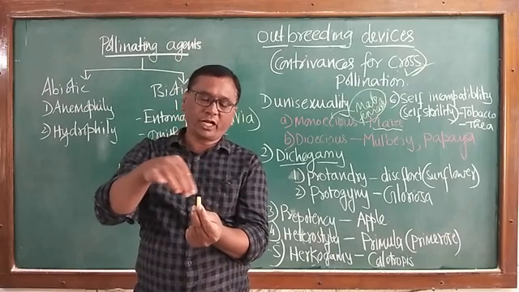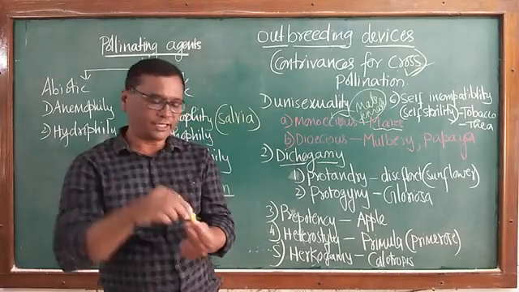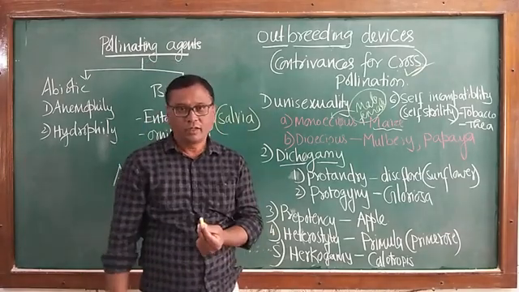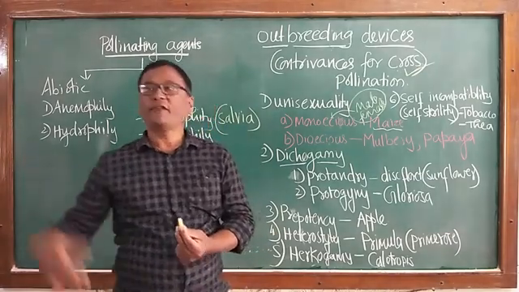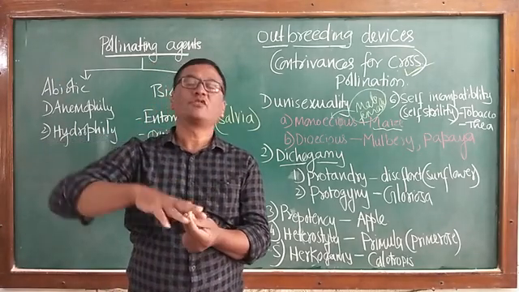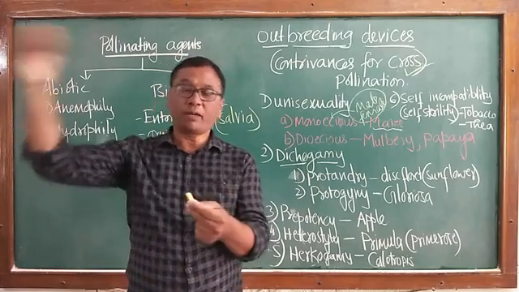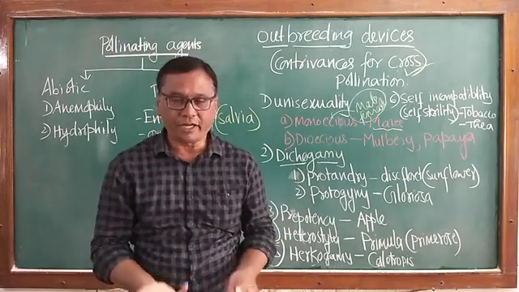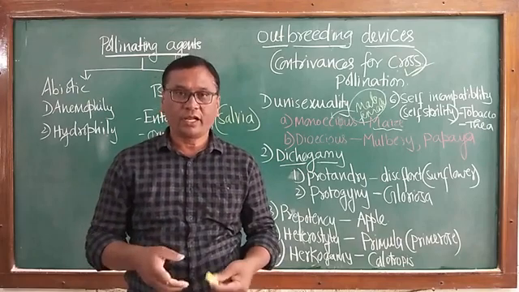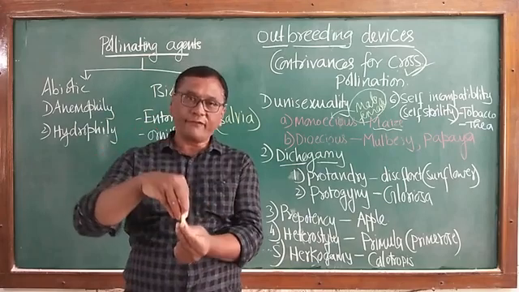So many pollen grains may come on the stigma of the apple plant from different plants or on the same plant, but the pollen grain from another plant has more vigor. The pollen grain of another plant will germinate much better, faster, and give good results than the pollen grain of the same flower.